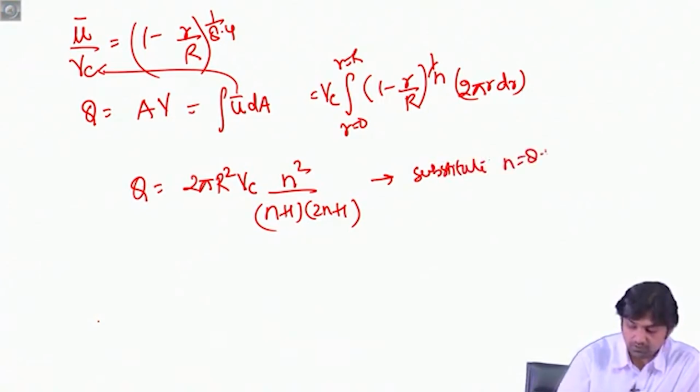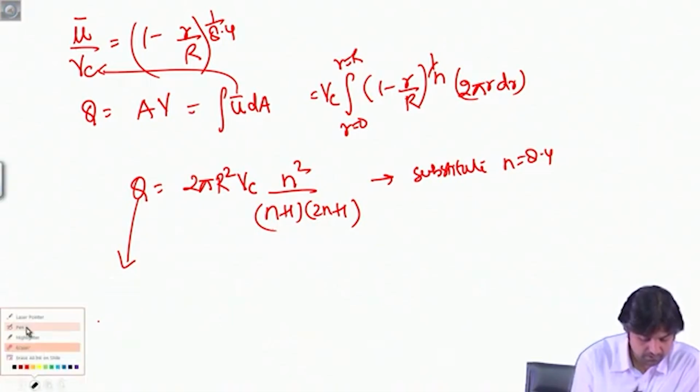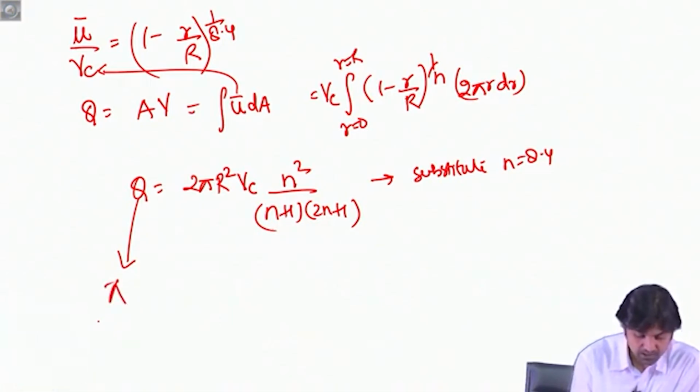n is equal to 8.4, and this Q is also equal to, sorry, Q is not 2 pi R square, this will be pi R square into the velocity that we had obtained last time.